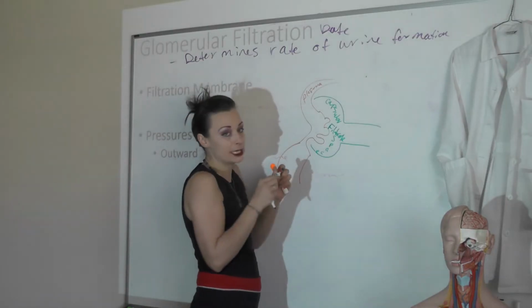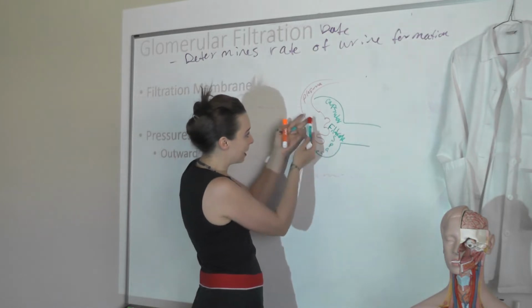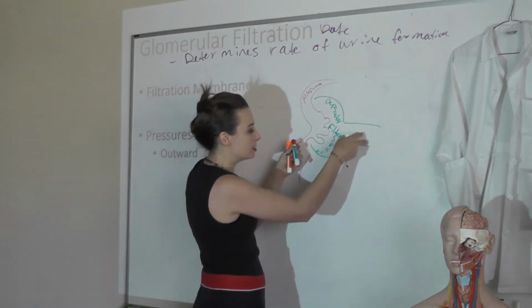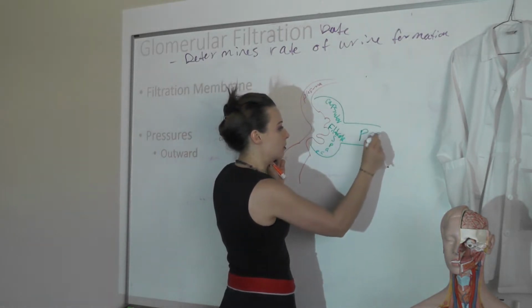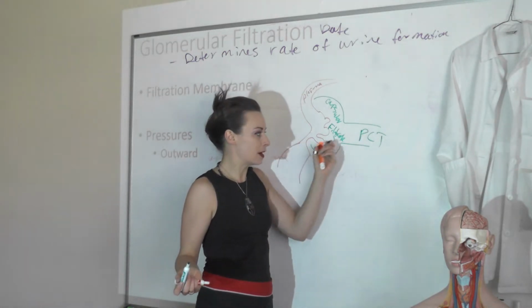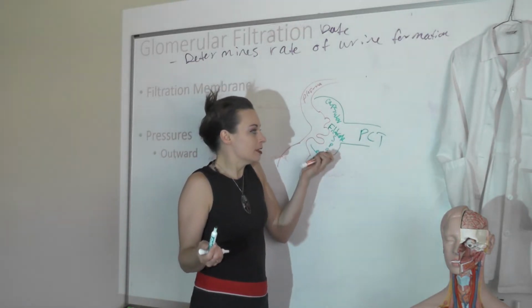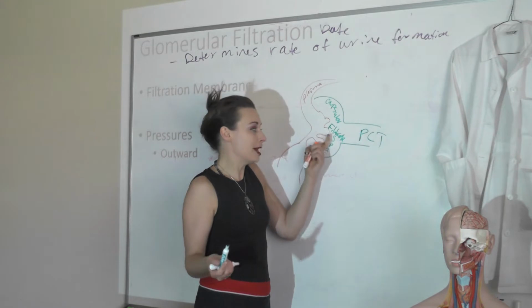I'm establishing the beginning of the movement of these fluids, and when I'm here, my filtrate is at chemical equilibrium with blood plasma. As soon as I get to my proximal convoluted tubule, I'm going to begin tubular reabsorption and tubular secretion. So I'm not really filtrate anymore, although a lot of books still tend to call it filtrate. I'm not urine yet.